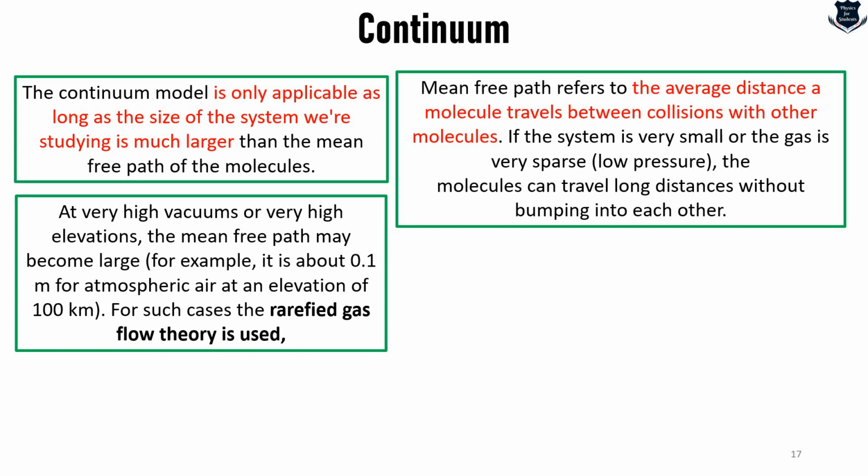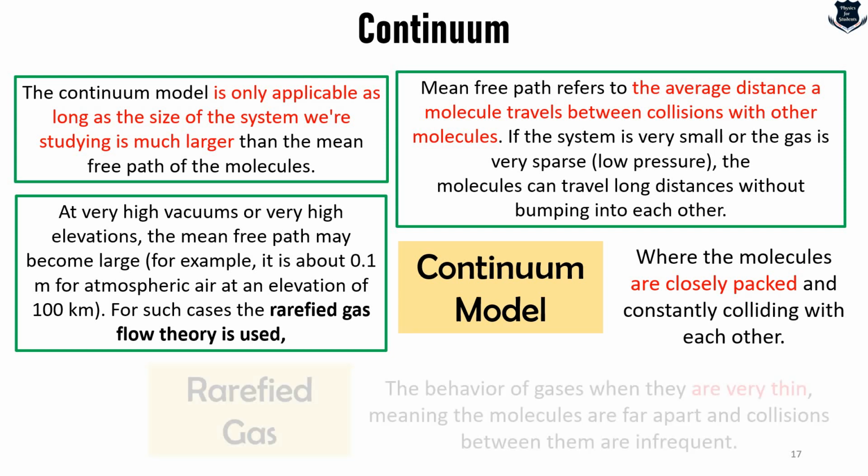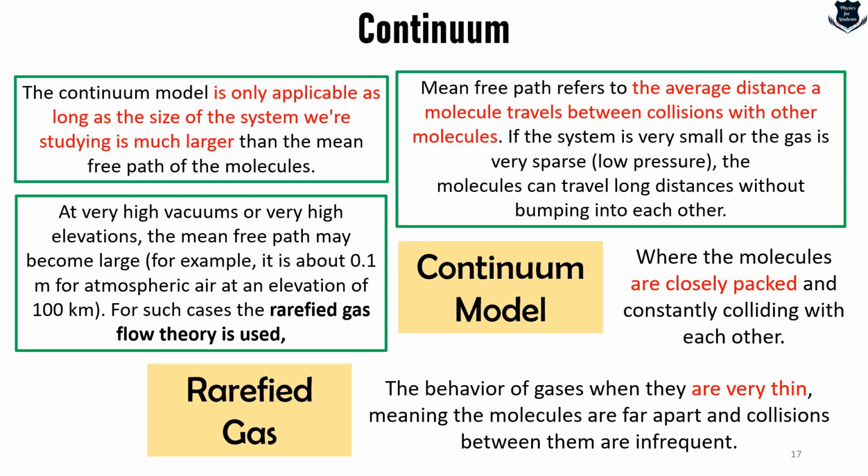So the continuum model is used where the molecules are closely packed and constantly colliding with each other. The rarefied gas model is used when the gas is very thin, meaning the molecules are far apart and collisions between them are very infrequent. So depending upon the complexity of the system and the physics we are doing, we can use either a continuum model or a rarefied gas model.